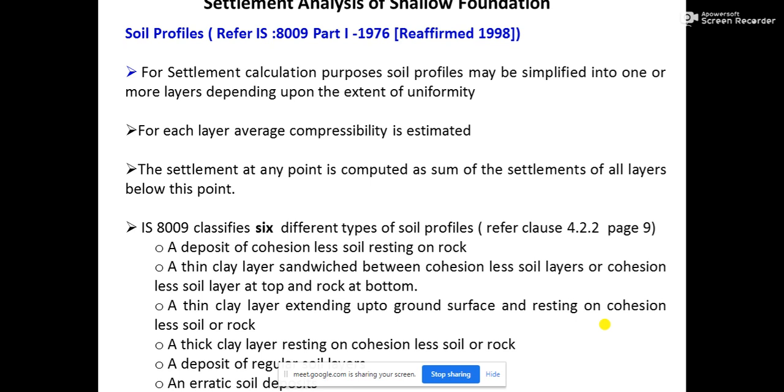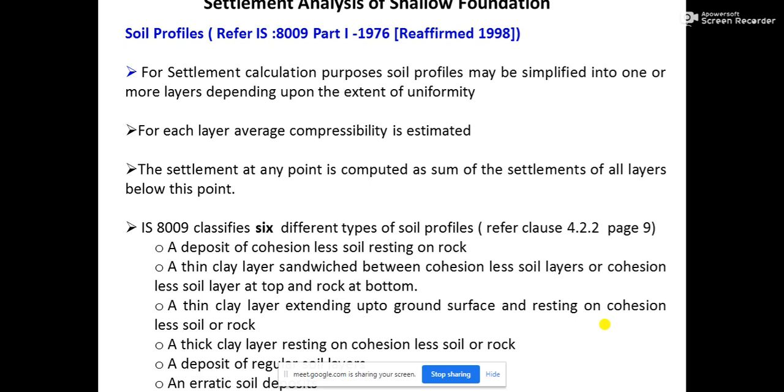Okay, so a thin clay layer sandwiched between cohesionless soil layers. This is very important, sandwiched. That means on top there is some layer, on bottom there is some layer, and in between the clay layer is existing. On top of the clay layer there may be cohesionless soil, on bottom of the clay layer there may be cohesionless soil, as well as there may be a case where at the top there may be cohesionless soil, however at the bottom of the clay layer there may be rock.